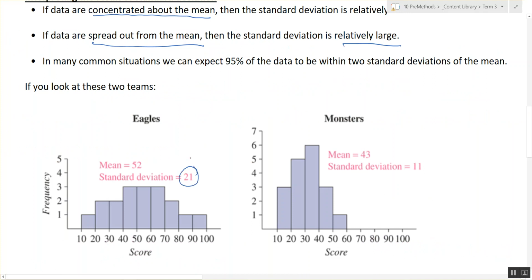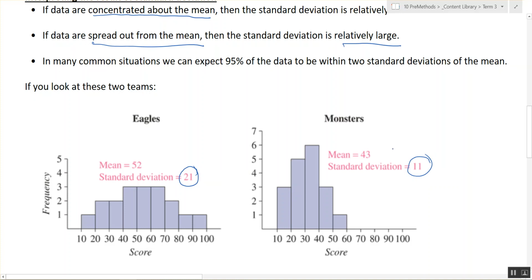So, we have these values for the standard deviation. Some of you said the Eagles' scores, so I'm assuming these are goals. They have more spread out data compared to the Monsters' goals. Does that make sense?